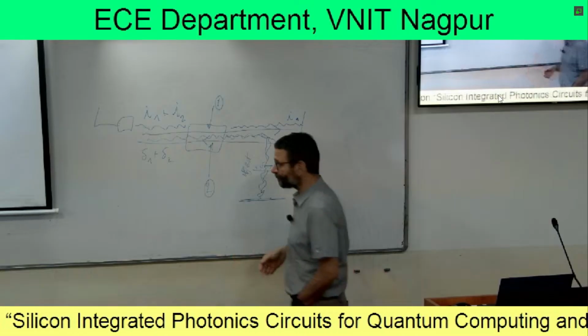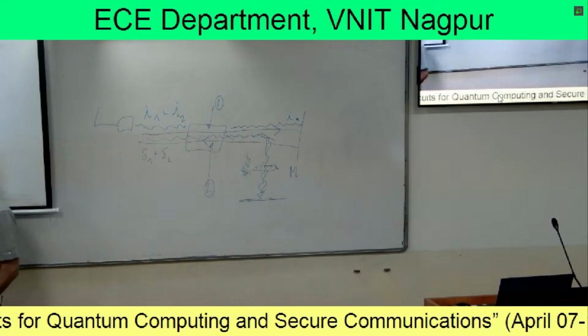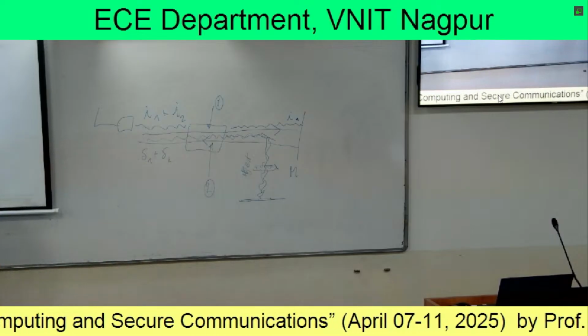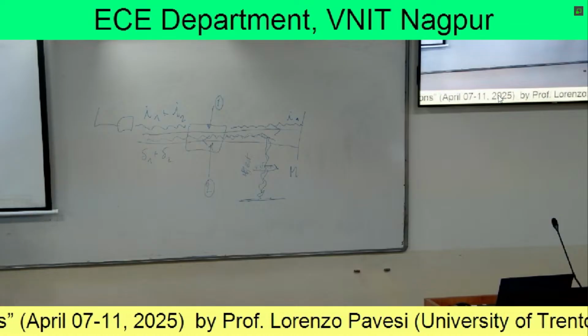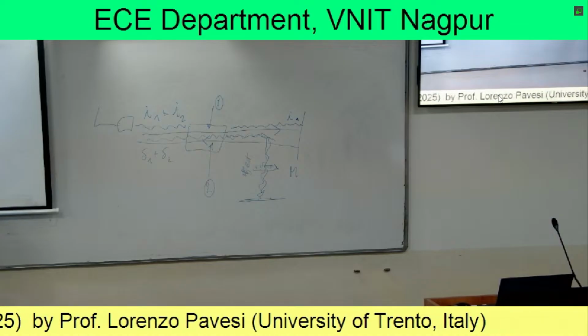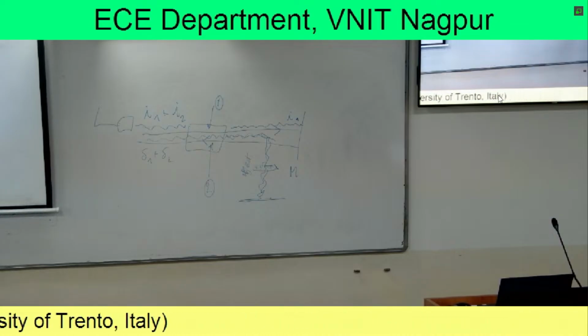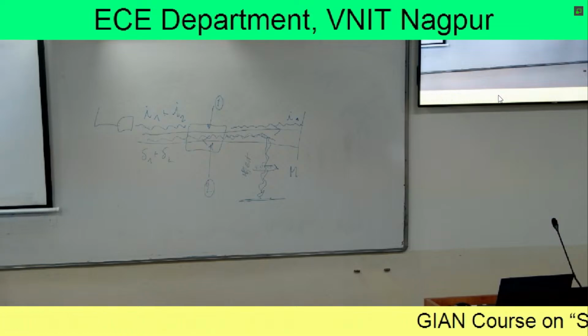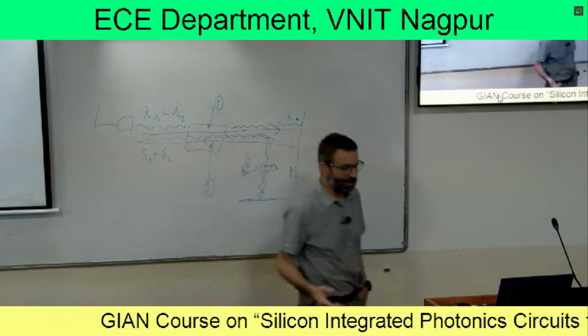But the losses here are really an issue, because we are working with such a low, record efficiency in terms of single photon generation, but practically a very low efficiency generation process. So any photon that you lose means that your measurement time gets longer.